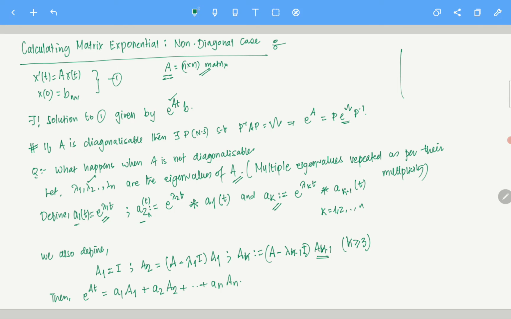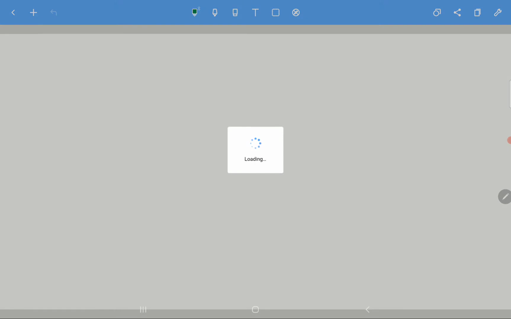So Ak is given by A minus lambda k minus 1 times identity times A k minus 1, right? If you write it like this, then exponential At is a1 of t capital A1 plus a2 of t capital A2 plus dot dot dot plus an of t capital An, right? So you just need to calculate this, put it together, and that's your exponential At. So this is for the non-diagonalizable case.